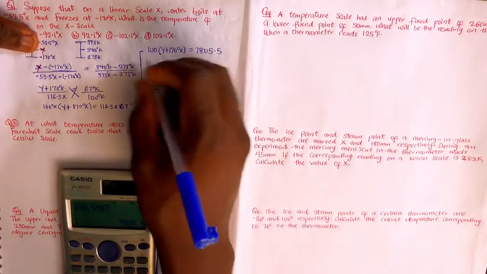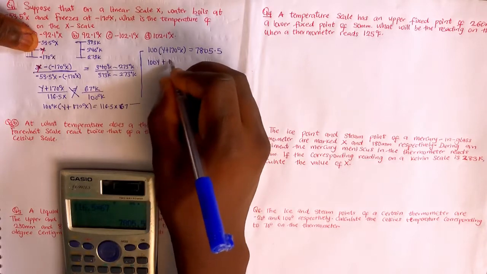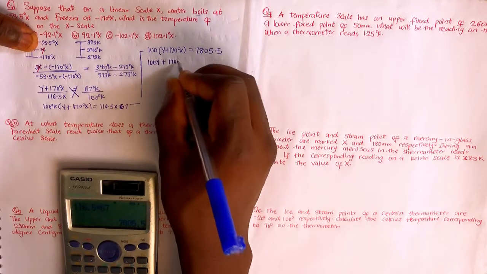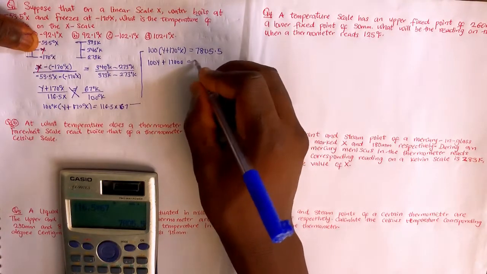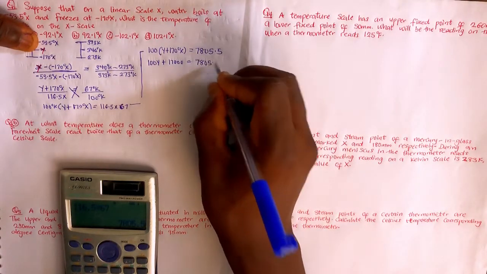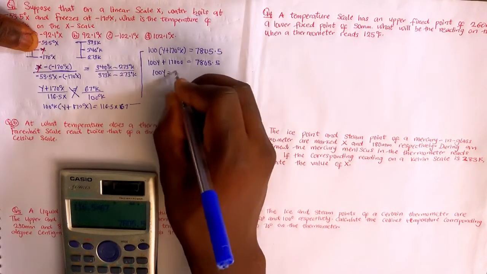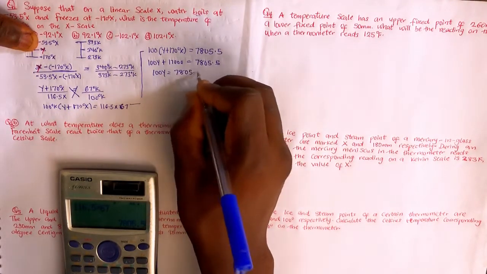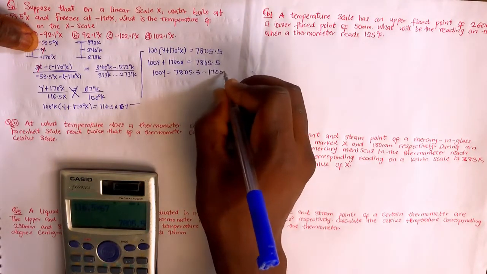We're having 100y plus 170 degree x, right? We multiply it together, equals to 7805.5. Then here we have 100y equals to what? 7805.5 minus 170 degree x, that's 17,000, right?